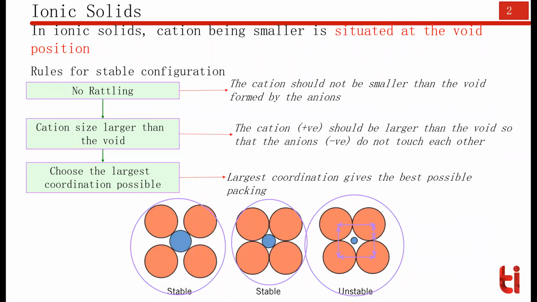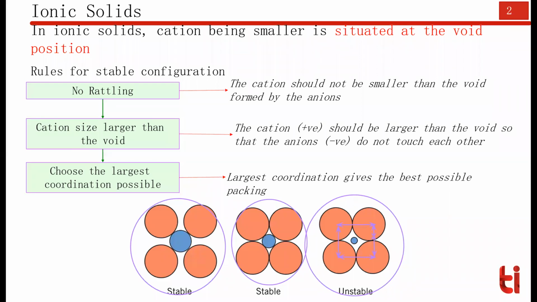So we have three possible configurations between an anion and a cation. Cation occupying the valley, being smaller in dimension, if it doesn't touch all surrounding anions, then it is making an unstable configuration. If it is just touching, then the configuration is stable, but it is not the utmost stable state.